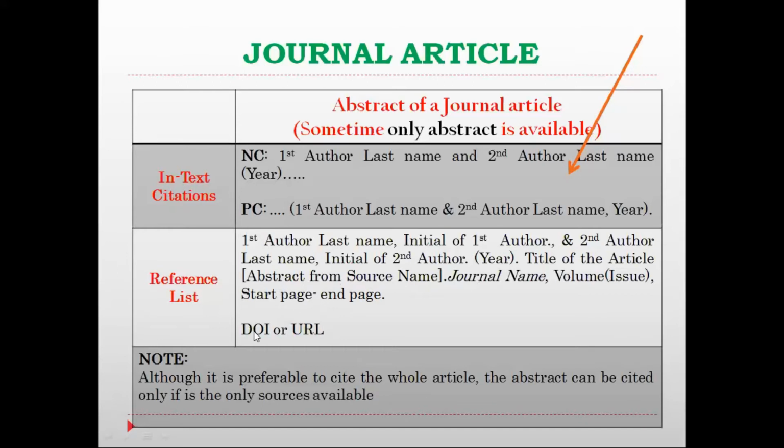Similarly, DOI and URL will be used in case of online publications. It is always preferable to use the whole article instead of only an abstract, but in certain cases you won't get the full article, so you have no choice but to use the information from the abstract and incorporate it into your work, and in such cases this is how you have to use the references.